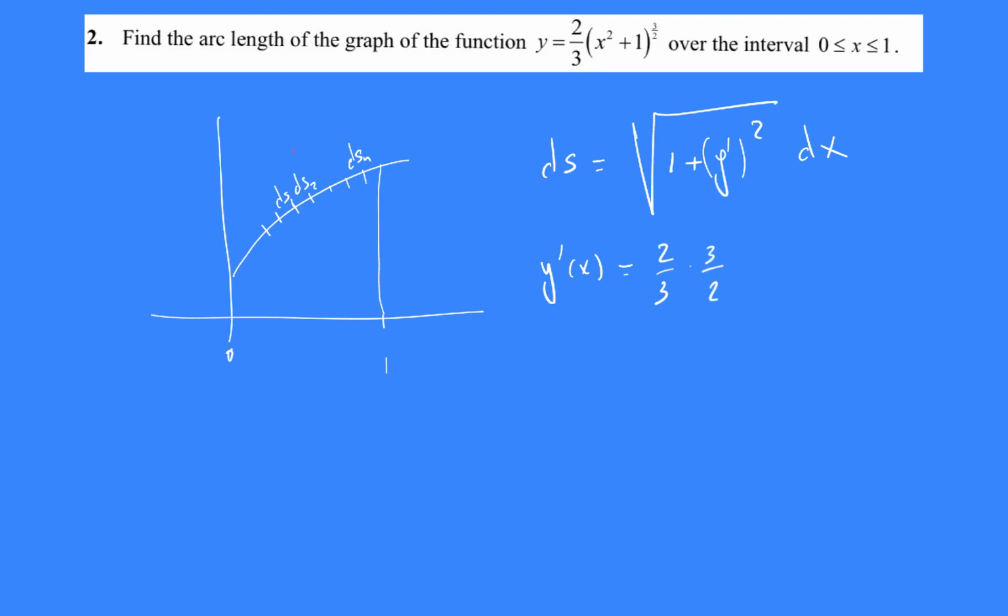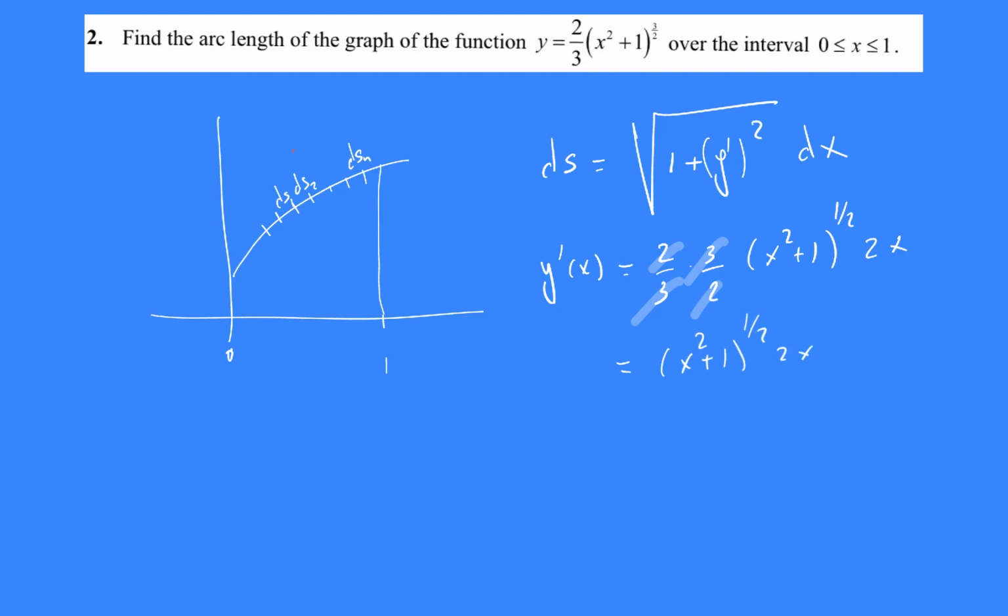The derivative of x squared plus 1 to the power 3/2 will be x squared plus 1 raised to the power 3/2 minus 1, 3/2 minus 1 is 1/2, multiplied by the derivative of x squared plus 1, which is 2x. So the 2/3 and 3/2 will cancel. It will be 1.